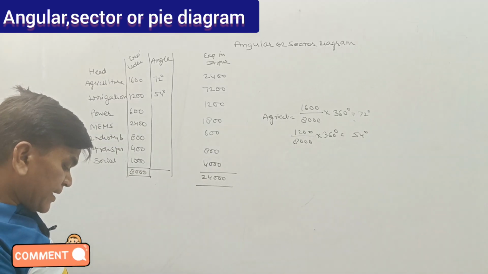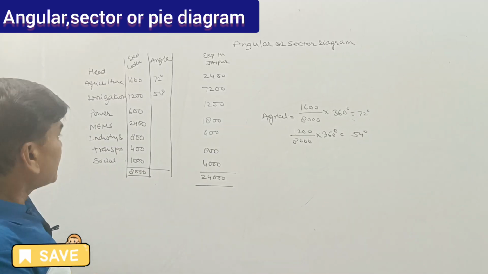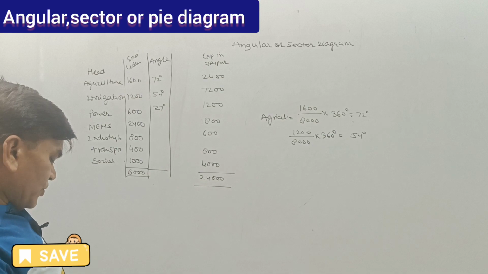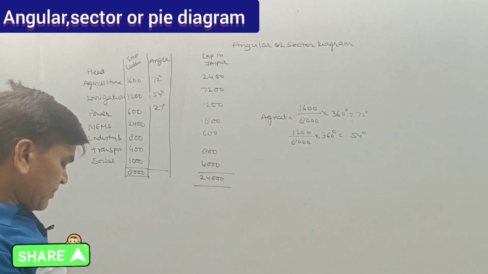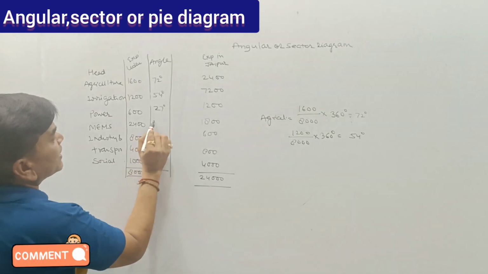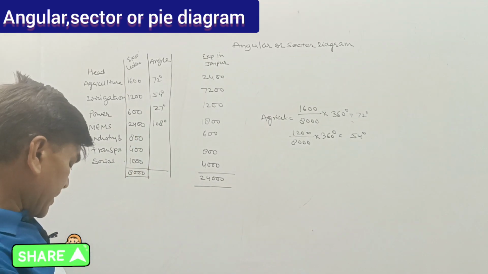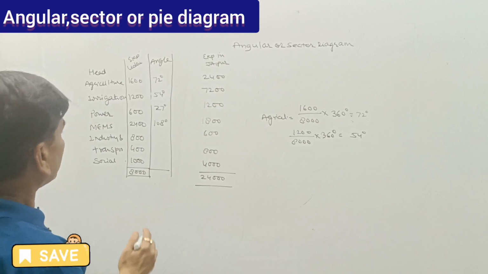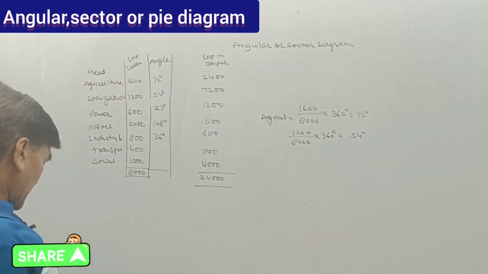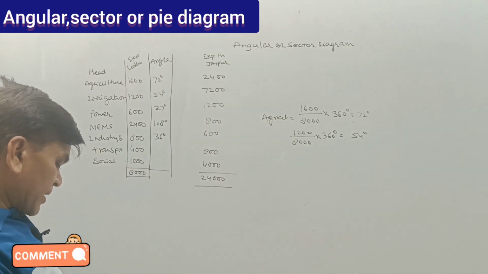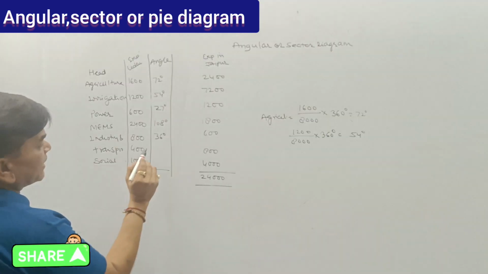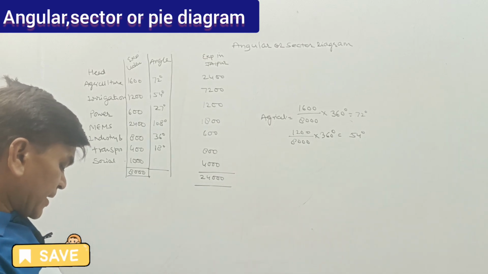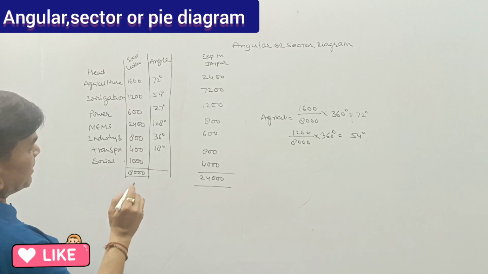Similarly 600 divided by 8000 multiplied by 360 is 27 degrees. 2400 divided by 8000 multiplied by 360 is 108 degrees. Next, 800 divided by 8000 multiplied by 360 is 36 degrees. 400 divided by 8000 multiplied by 360 is 18 degrees. And the last one, 1000 divided by 8000 multiplied by 360, is 45 degrees.